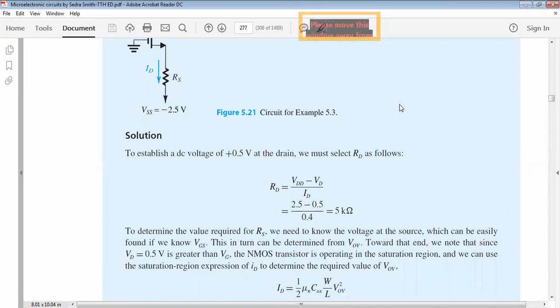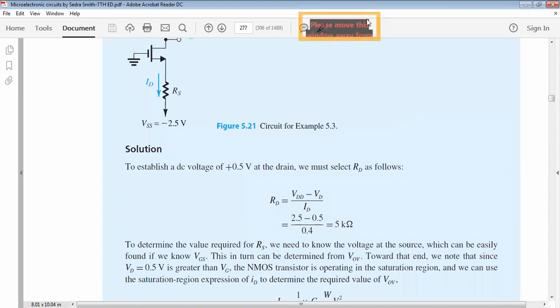Now find the RS value. To find the RS value, again observe here, this is the RS branch. We don't know the value of source voltage. We have to find out the source voltage. Once you know the source voltage, what is RS?